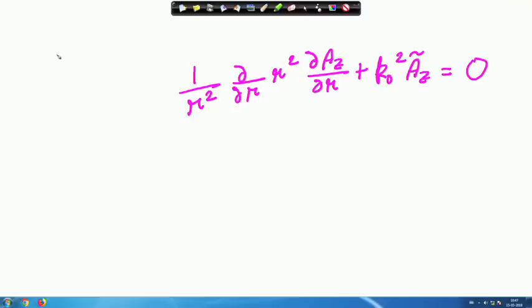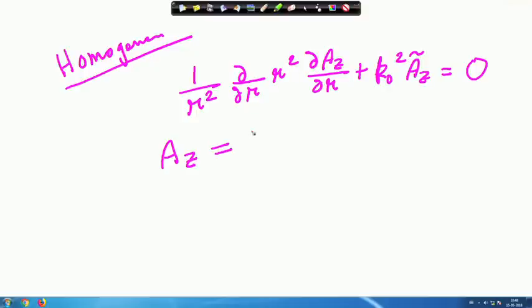So, first we will do the homogeneous part of the solution. This you know from your knowledge of differential equation solution. Now, in a second order differential equation we first find the solution.